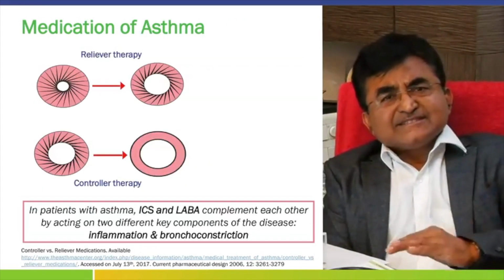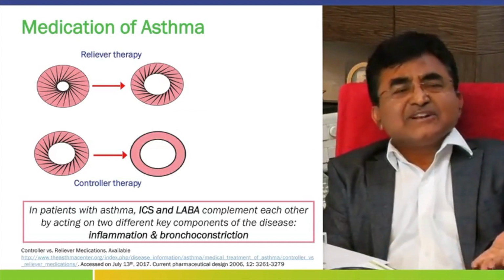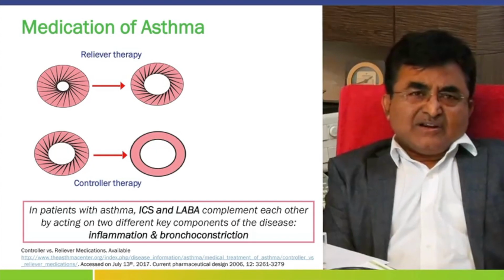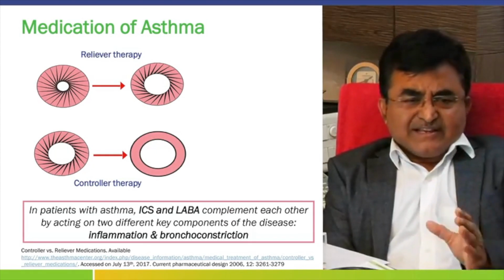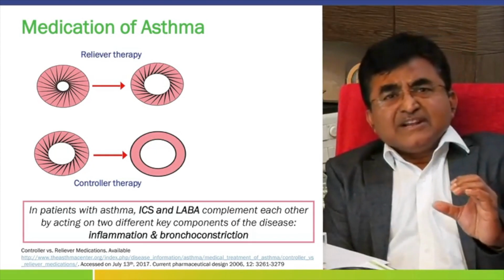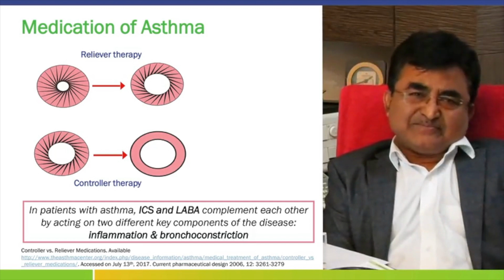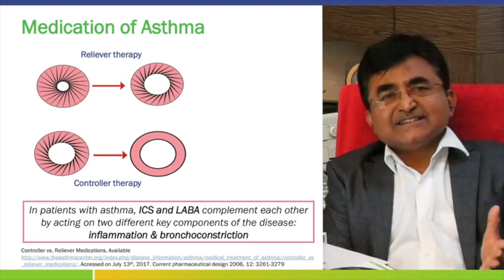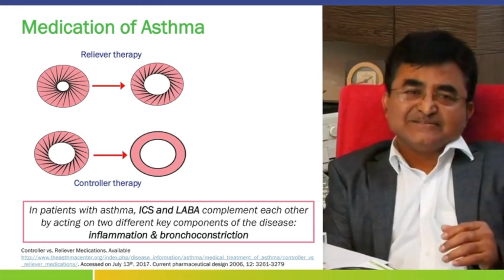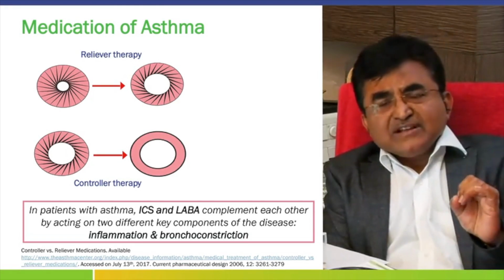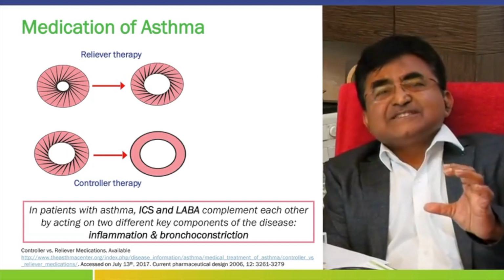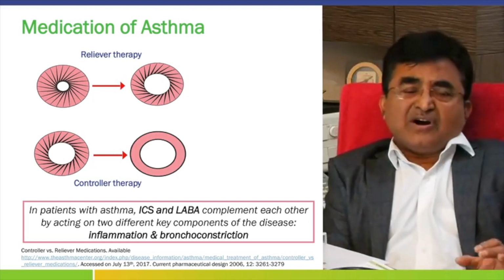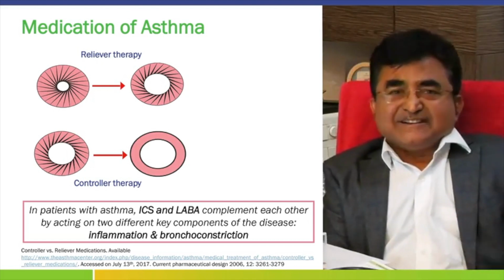As we are going to discuss regarding the types of drugs, one is the reliever drug and another is the controller drug. Now what the reliever drug does is it dilates the bronchi. So when the reliever drug acts, you can see in the first half of the slide that airway narrowing becomes reversible and airways become broader or they are dilated.